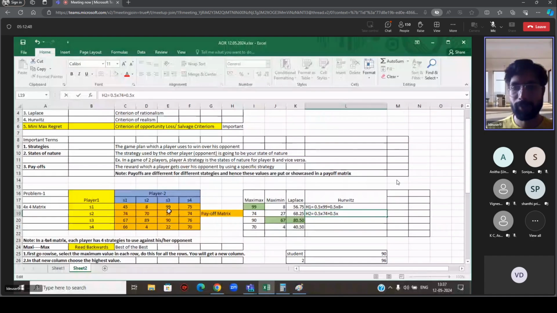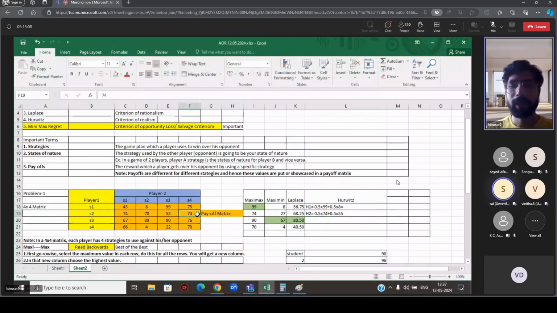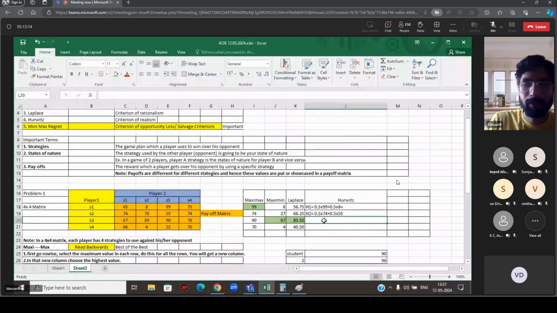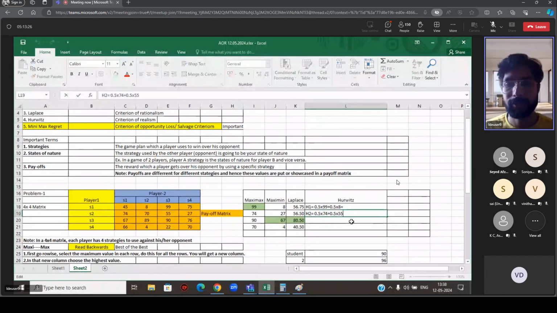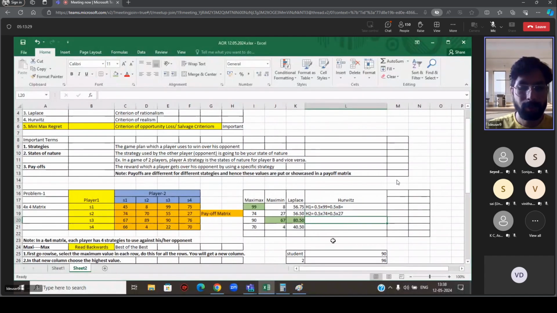The least value is 27. Sorry, I changed the value here, the value is 27, not 55. So that will be 0.5 into 27. Okay, my mistake.